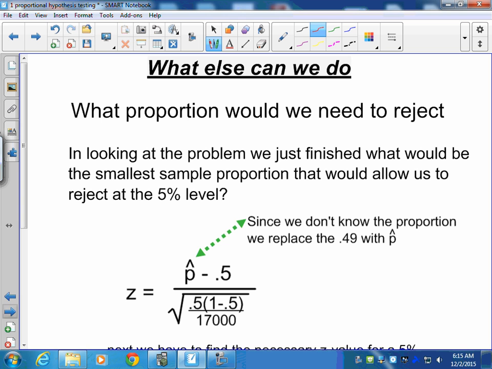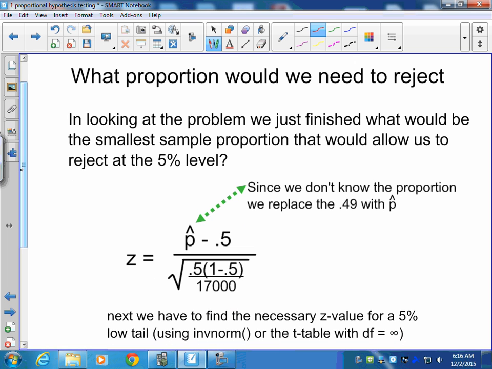Okay, now, just like we saw in the confidence interval video, here there is always an alternative question they can ask. So we want to say, what else can we do? The question they can ask is, what proportion would we need to reject? So they're taking away the sample value that was given to us and asking us to solve for that sample value.